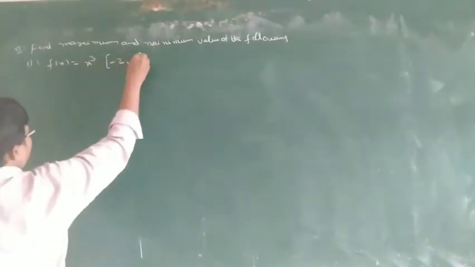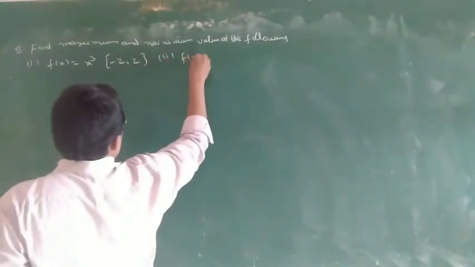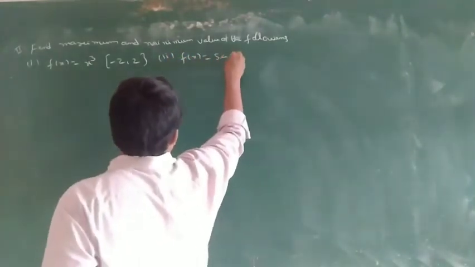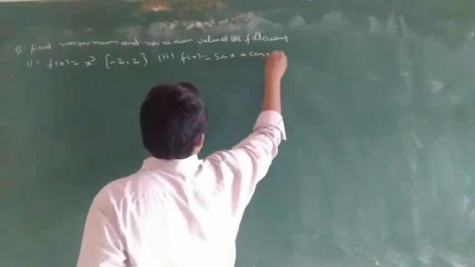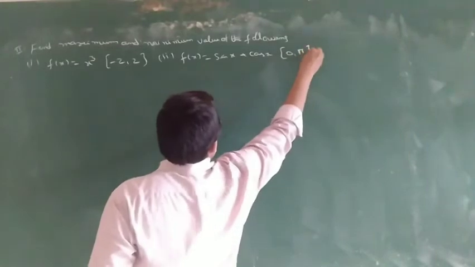First one, f of x is equal to x cube in the interval minus 2 to 2. Next, f of x is equal to sin x plus cos x in the interval 0 to pi. This is the interval.